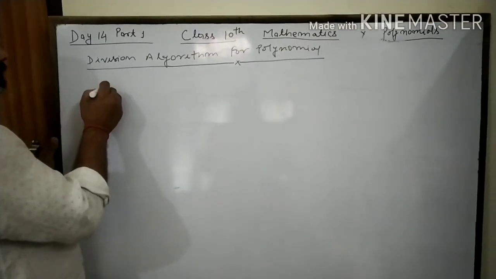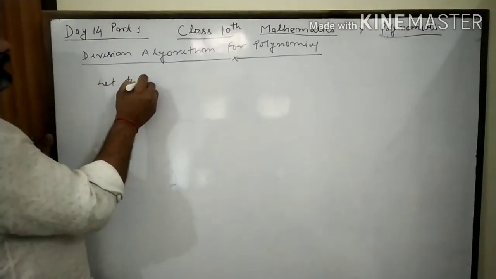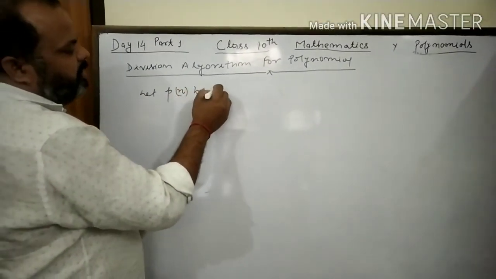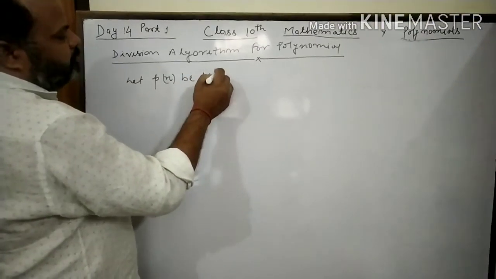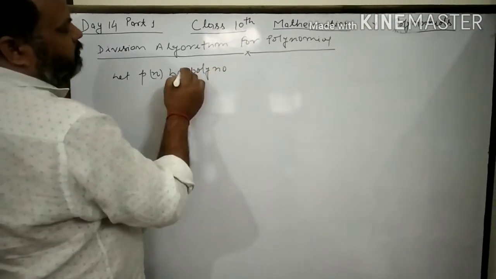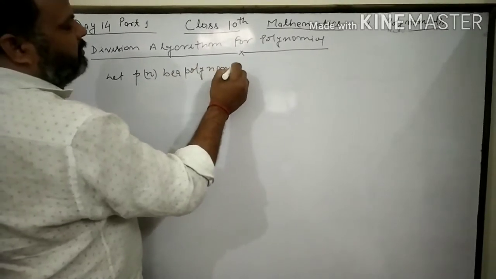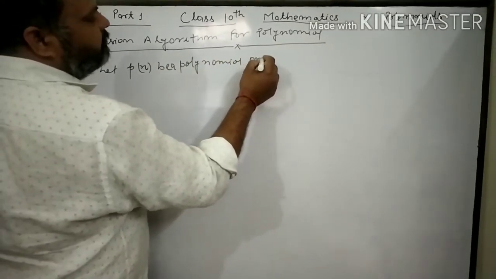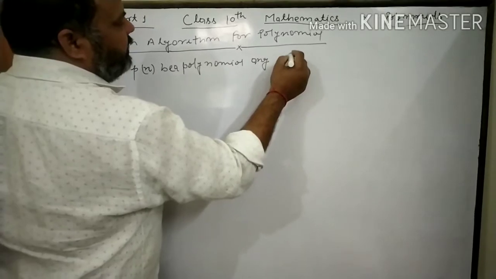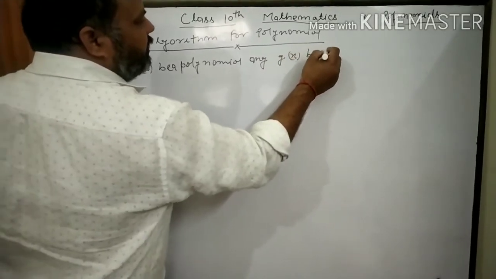Suppose Px is a polynomial and Gx is another polynomial.